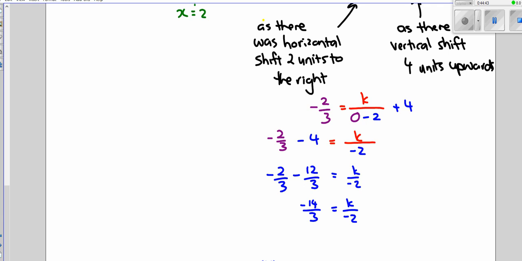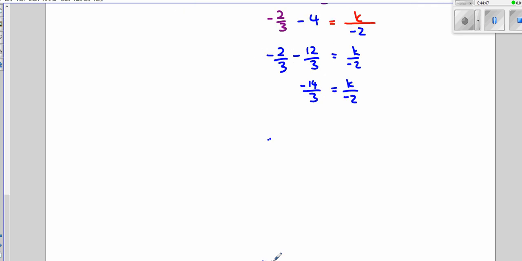No? Okay. Cross multiply. Normally you wouldn't get something like 2/3, so this is a simple sloppy one. Negative 2 times negative 14 is 28. 3 times k, 3k. So 28 over 3 equals k.